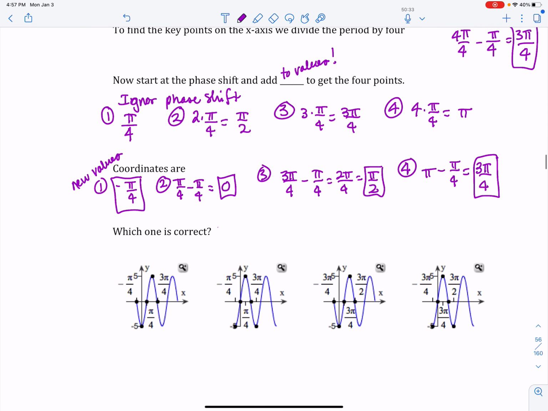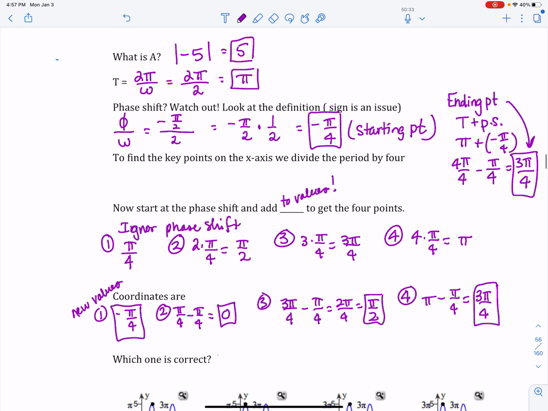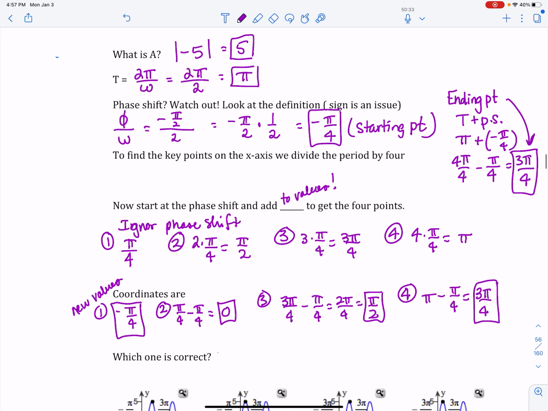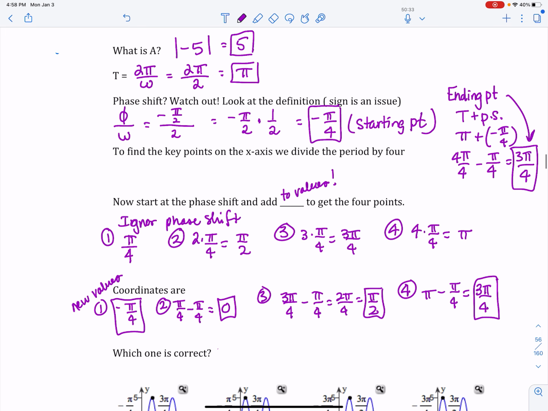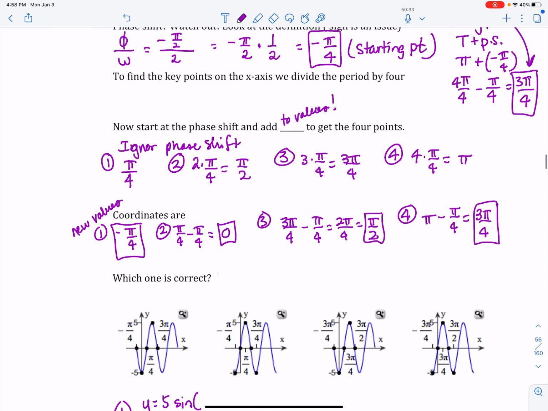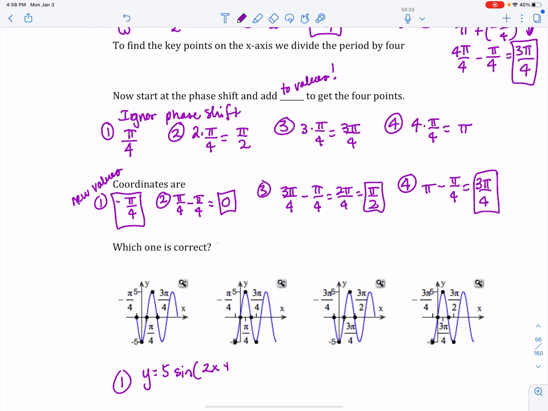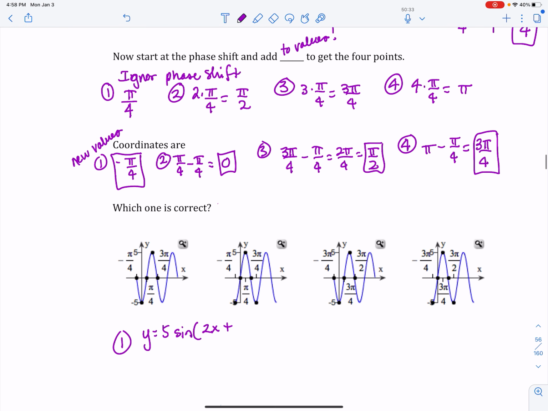The next thing I'm going to have to do is graph all this. So remember the amplitude is 5, the period is pi, and the phase shift is negative pi over 4. If I'm going to graph this, I want to graph first the positive one. So positive 5 sine of 2x plus pi over 2. Okay.